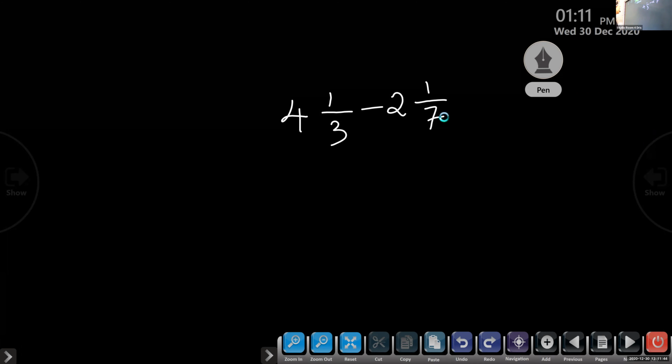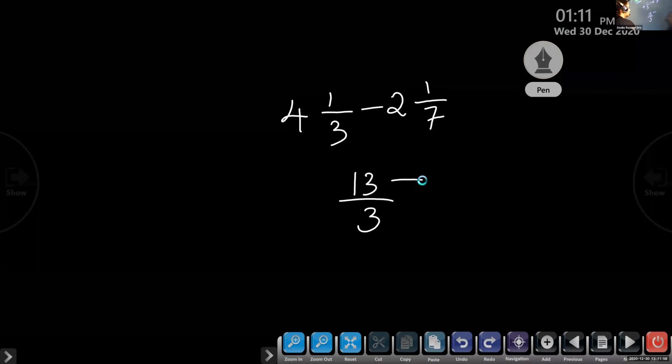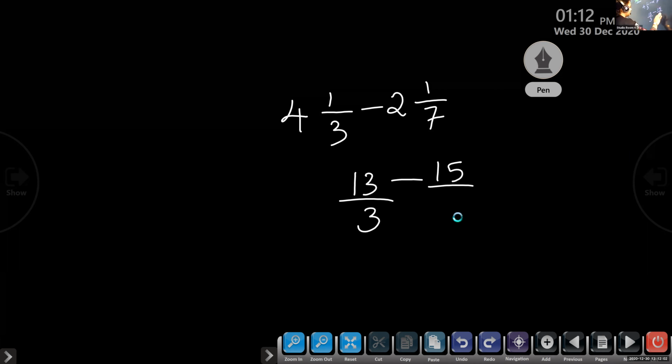Children, see that here the symbol is minus. Four threes are 12 plus 1, 13 by 3 minus 14 plus 1, 15 by 7. Find out the LCM. What is the LCM? LCM is 7 into 3, 21.